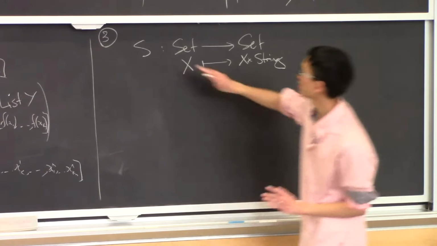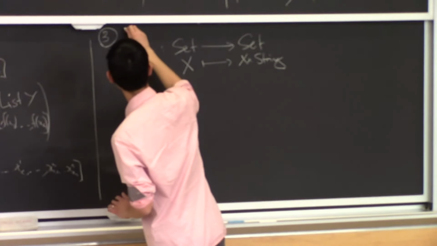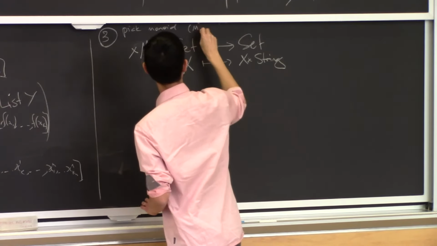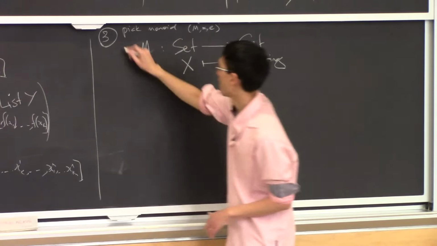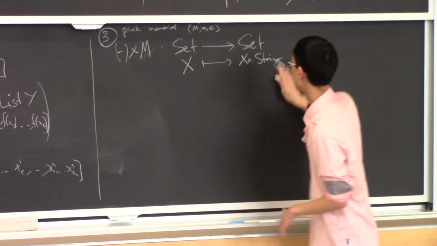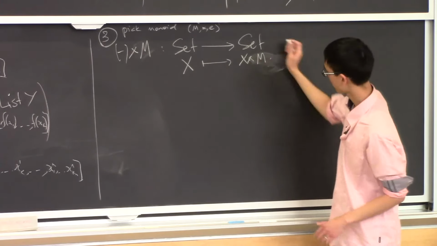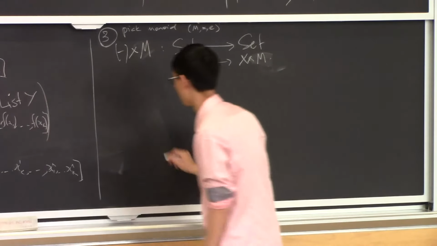But actually, I'm going to generalize this slightly. I'm going to say, we'll pick a monoid m, star, unit, I guess. And then I'm going to define a functor times m, which sends x to x times m. OK, so now just to give you a moment to digest, I have two questions for you.